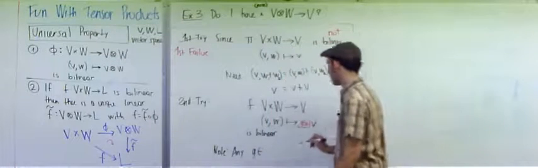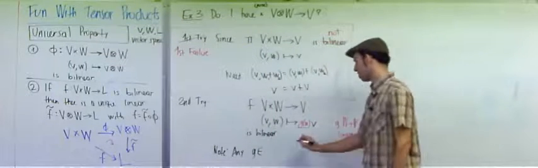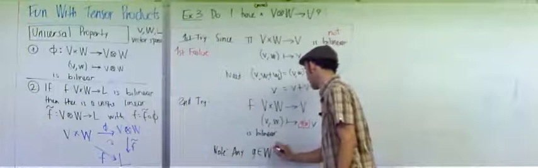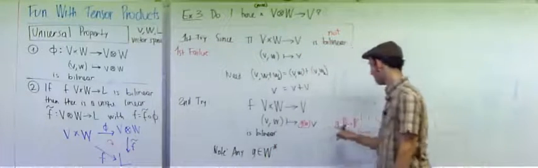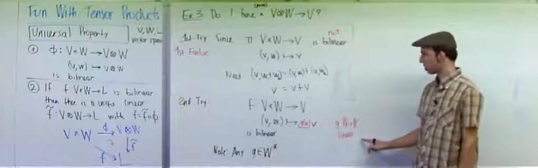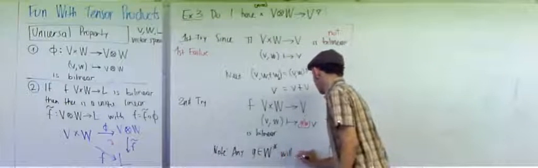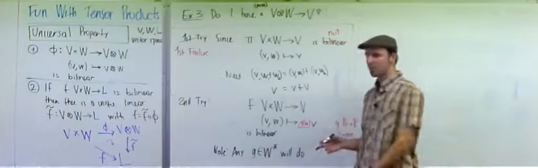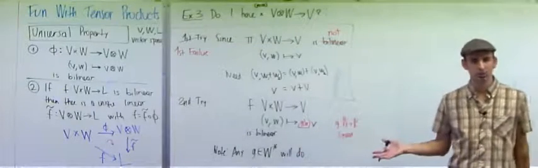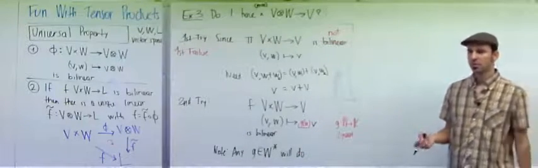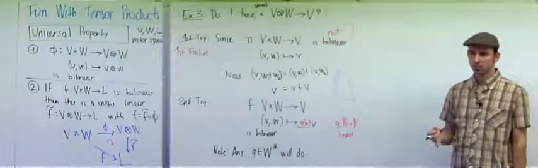Let me introduce a notation that most of you have seen. W star is the space of linear functions from W to the field. Any G will do.